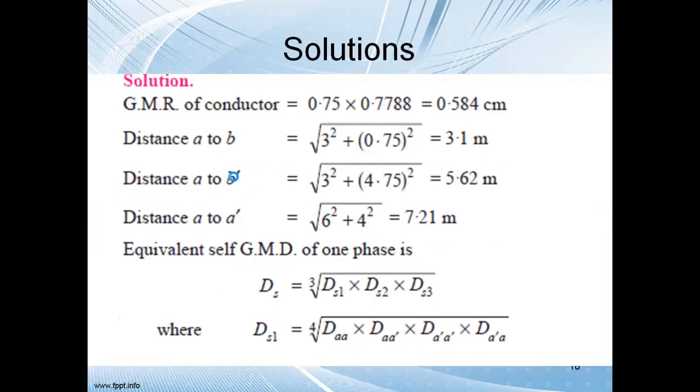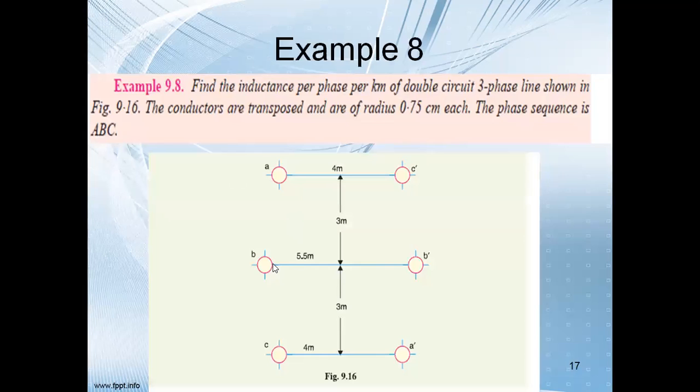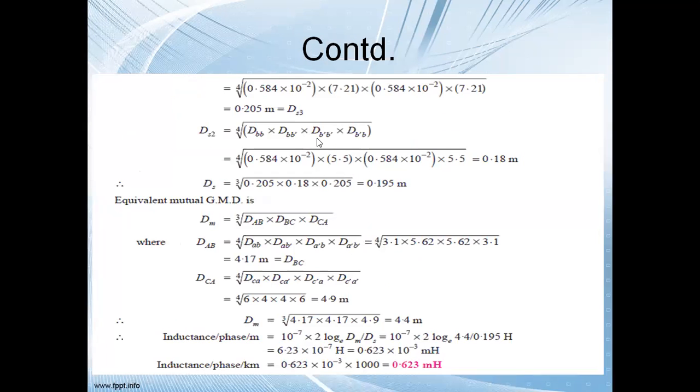This distance is given, it is 5.5. So now we'll substitute all these values, and we have taken the fourth root of that. So finally we have got DS2.